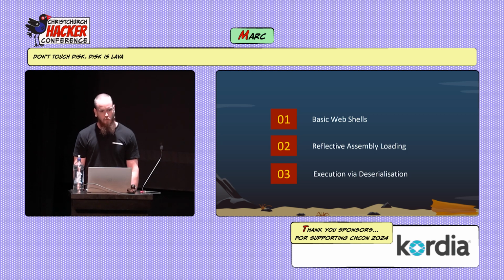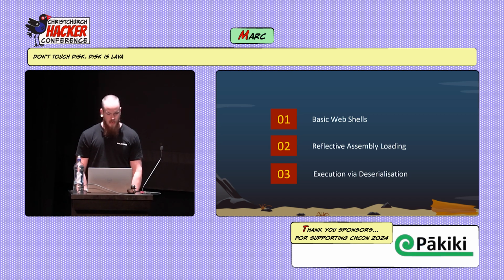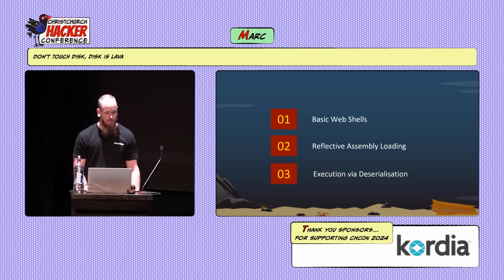Next, we'll have a look at reflective assembly loading, which is going to allow us to load our C# assemblies into memory within the IIS process, execute them in memory and get the output. Finally, we'll move on to how we can use deserialisation to achieve web shell-like functionality without the need to drop a file to disk.